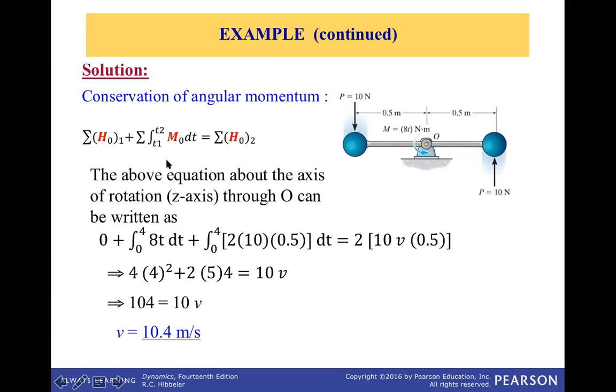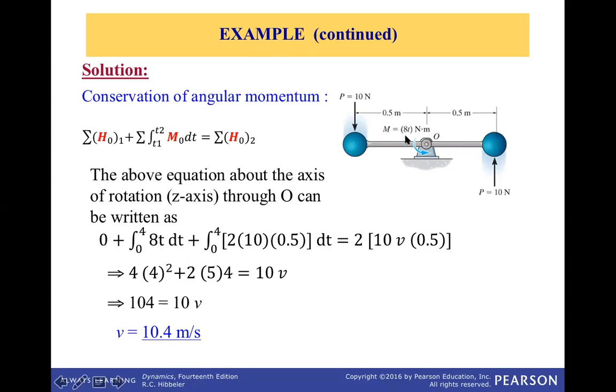Now plus the total moment on the system, which actually comes from three parts. The first one comes from the motor. M equals AT from the motor, so you simply integrate from 0 to 4 seconds of AT dt.